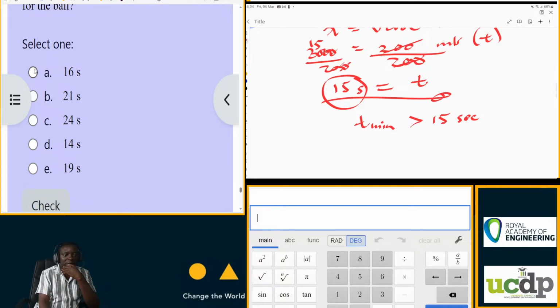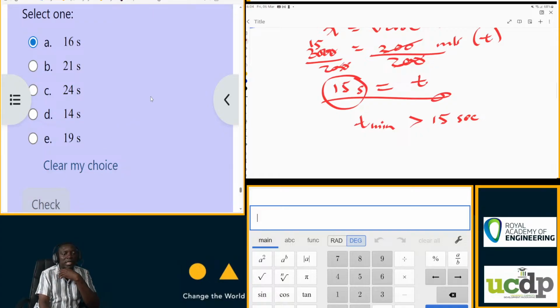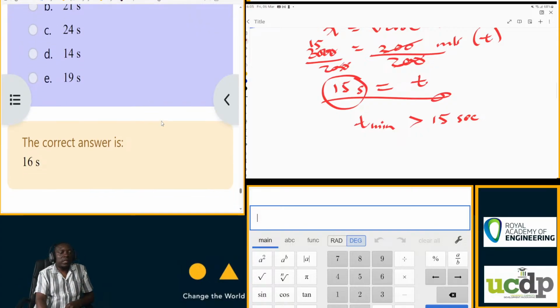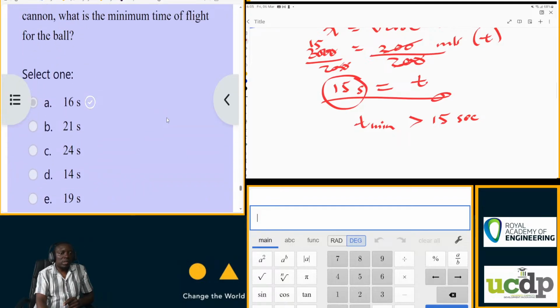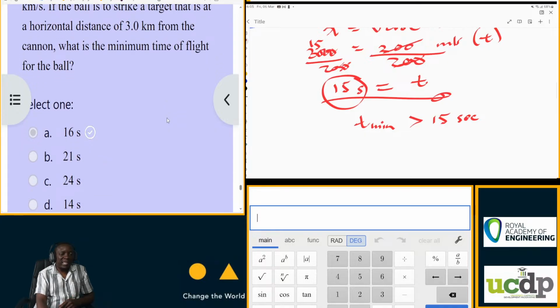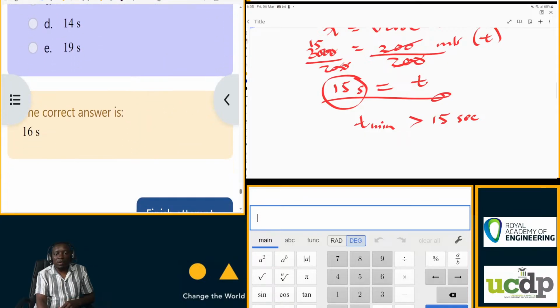Then the one that's closest to 15 is 16, and 16 becomes our best answer. So that's the reasoning behind this question. The minimum time should be 15 seconds without air resistance. So considering air resistance, the time can actually be at least 16. So that's basically the reasoning around this.